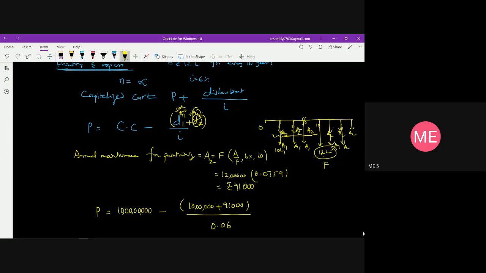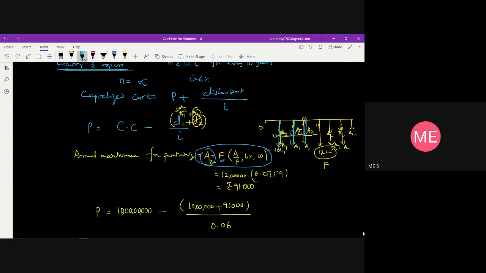He has mentioned the annual operating cost is going to be 10 lakhs. But the second one is not annual, so you need to make it annual by using the factors. A2 is calculated from the future amount of 12 lakhs, giving 91,000 each year, plus 10 lakhs.